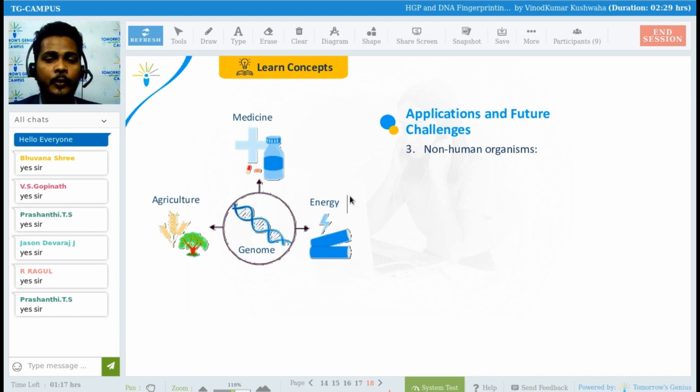In these non-human organisms, the different model organisms I told you earlier, a total of 6 non-human model organisms, 6 or 5? Tell me the exact number. 6 or 5? Tell me fast. What is the number? 6.